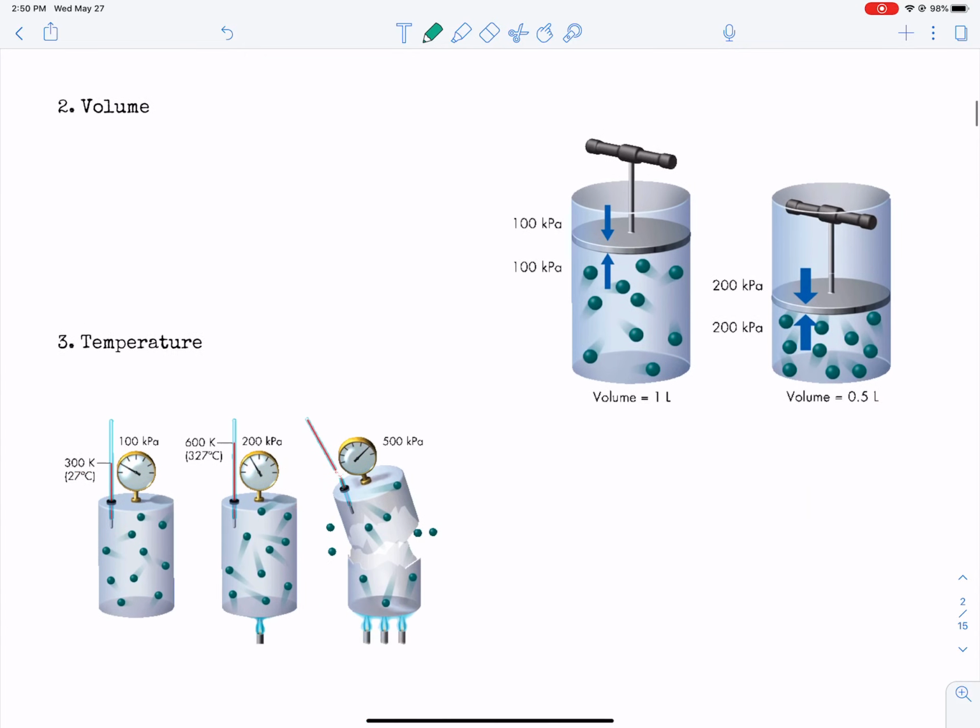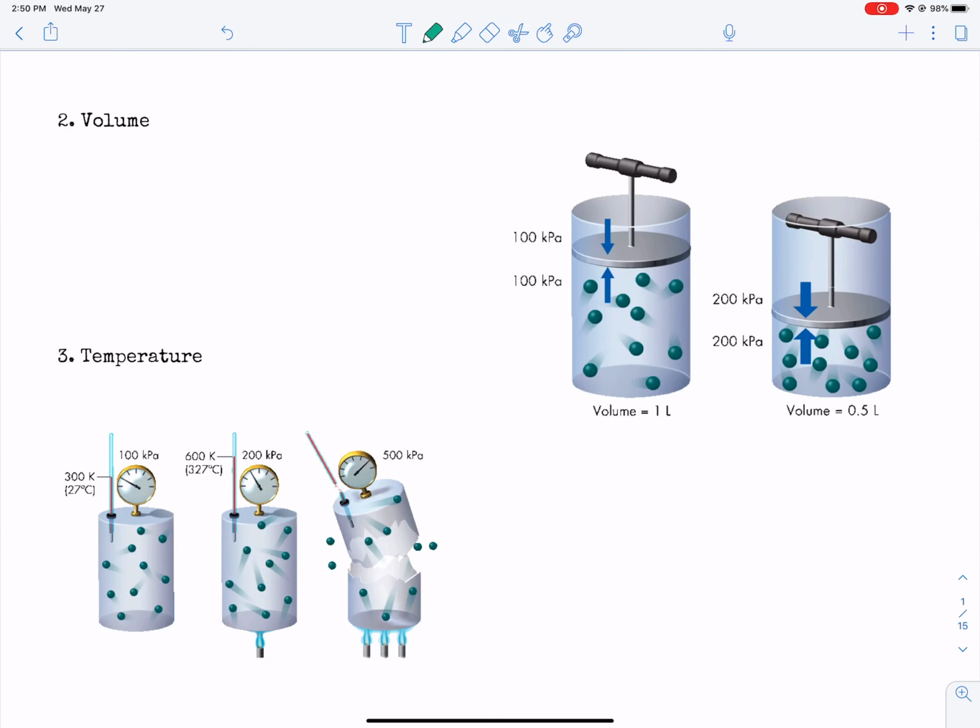The second way that I can affect the pressure of a gas is by changing the volume. In this scenario, I have a volume of 1 liter and a certain amount of pressure, 100 kilopascals. When I decrease the volume, I double the pressure. So what is the relationship?